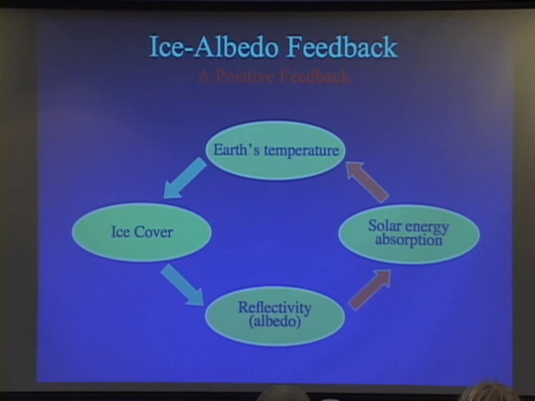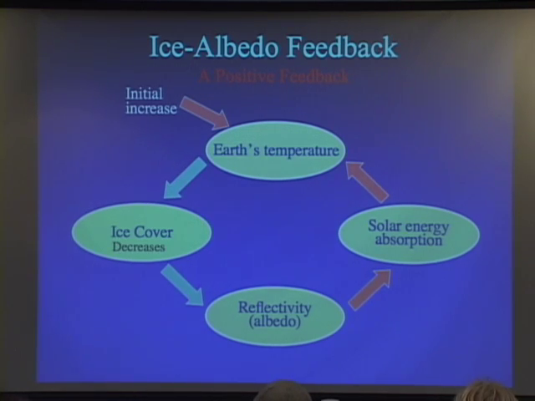Here's an example, a really important example of a positive feedback. This feedback is the reason the Arctic is experiencing much more warming than the rest of the planet, including, by the way, the Antarctic. It's called ice albedo feedback, and it links Earth's surface temperature, the amount of ice cover on the Arctic Ocean, particularly sea ice cover, the reflectivity of the planet, how much sunlight it reflects back into space, also called the albedo, and the solar energy absorption. They're all linked. Suppose something happens that increases Earth's temperature a little bit.